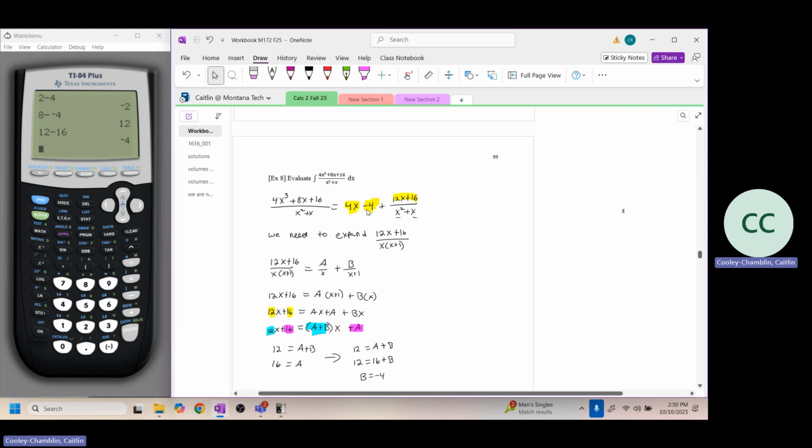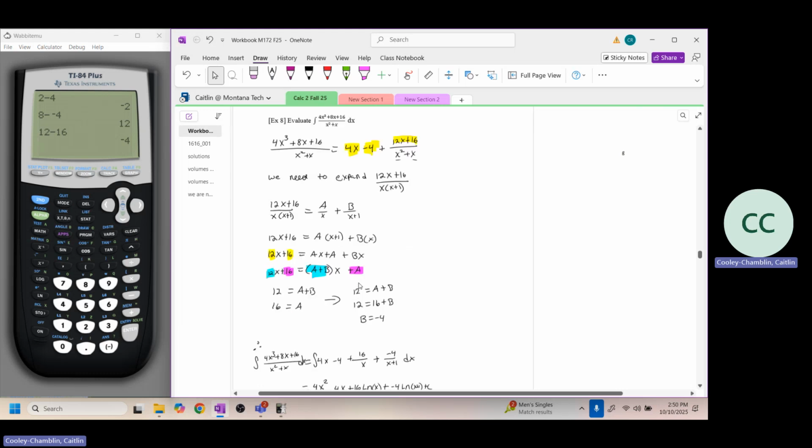What we can't integrate is that 12x plus 16. So we need to expand it using partial fractions. We factor the bottom. We write a fraction for every factor in the denominator that we have, a over x plus b over x plus 1. Set up our systems of equations. A plus b equals 12, a equals 16, b equals negative 4.